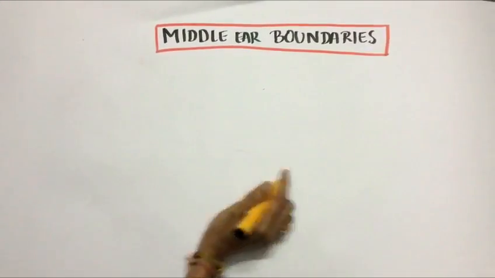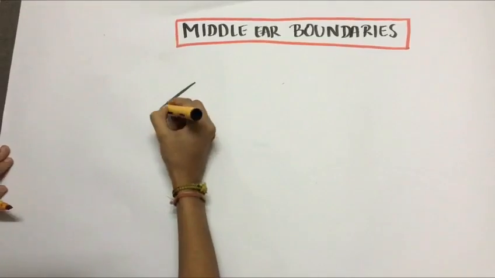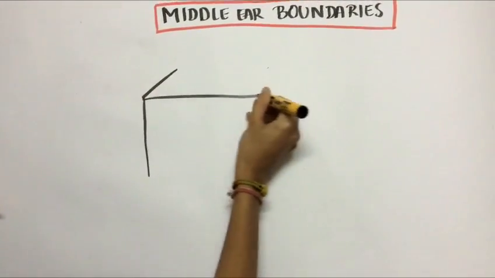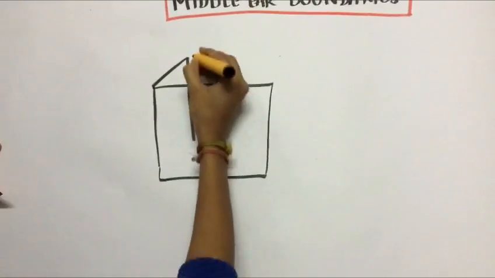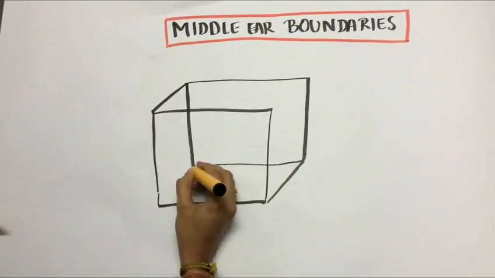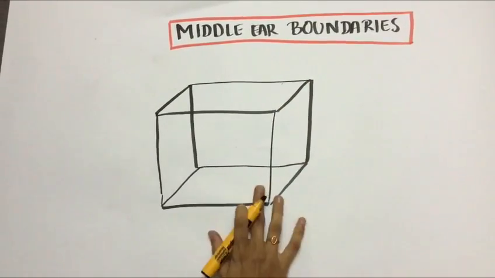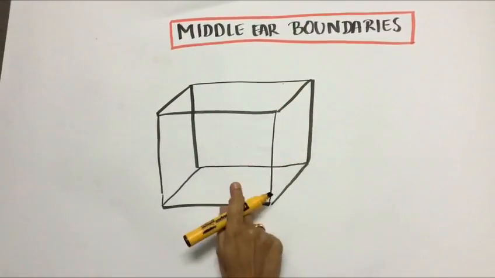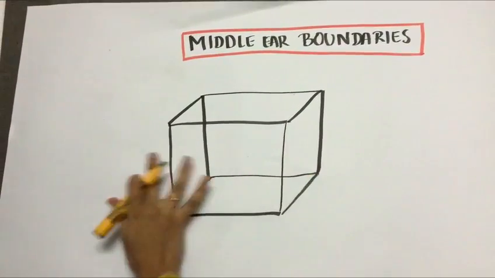Middle ear boundaries. Just remember a house or a cube. A cube has 6 surfaces: roof, floor, anterior, posterior, medial and lateral.